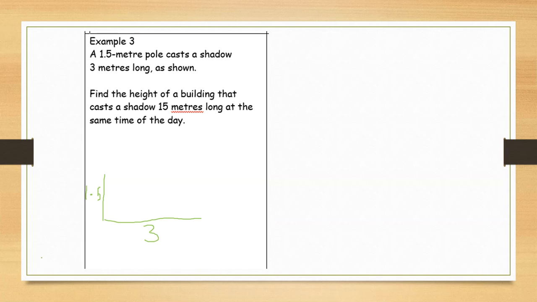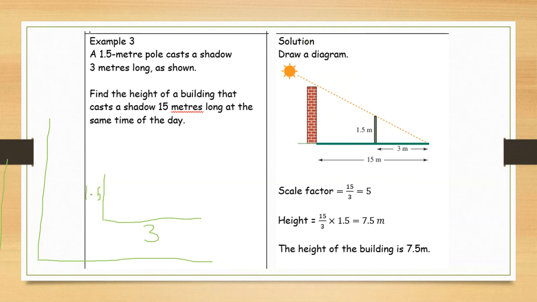So if this is 3, if we have a building that's 15, we can find the height. Better diagram is this one. So you can see here that we've got 3 and 15.